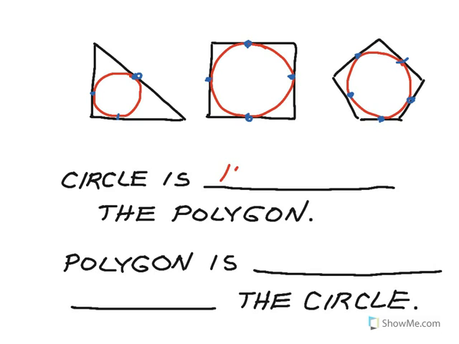So again, the thing that's on the inside is the thing that is inscribed. And so I just use the "in" to mean inside. So in these diagrams, the circle is inscribed in the polygon. If I'm talking about the polygon with respect to the polygon going around the circle, I say the polygon is circumscribed.